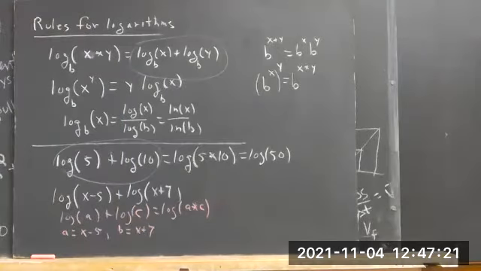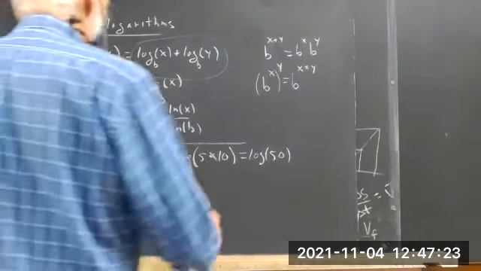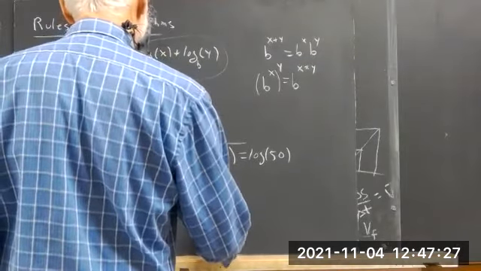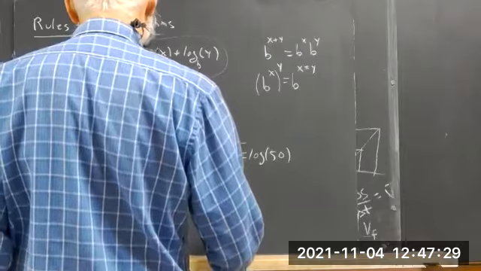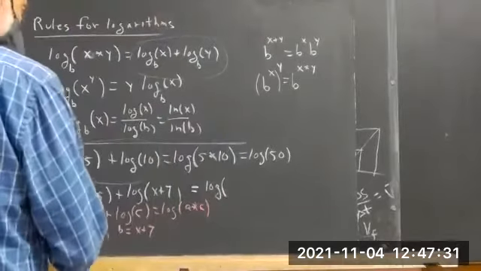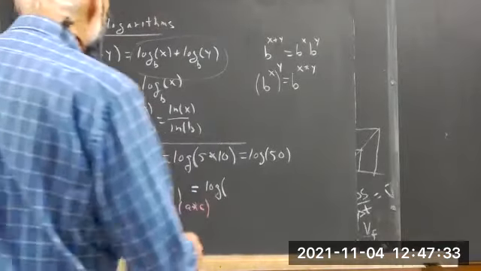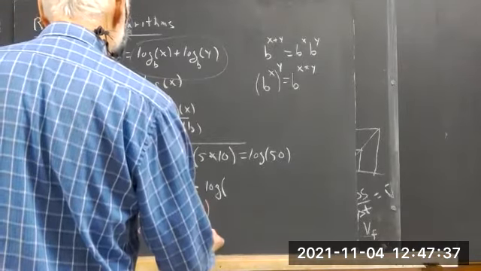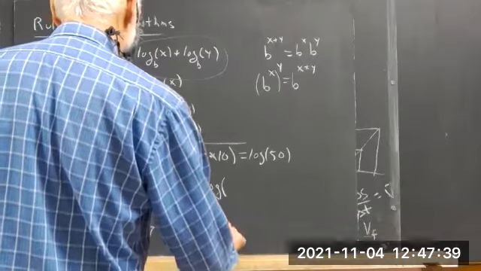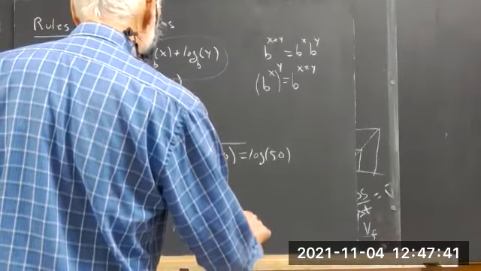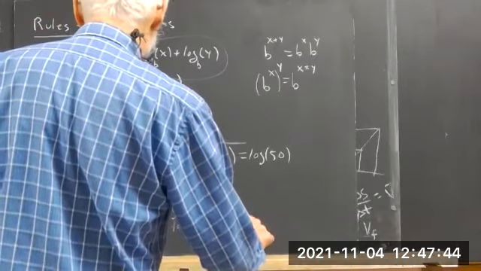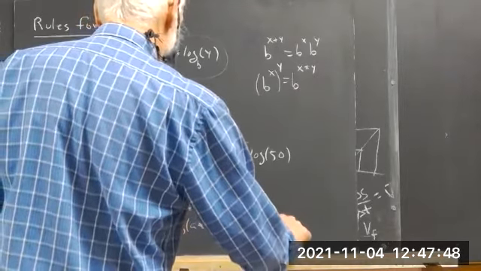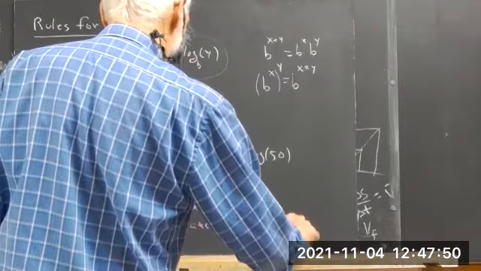Okay. So now this equals well, log of A times C is log of x minus 5 times x plus 7.